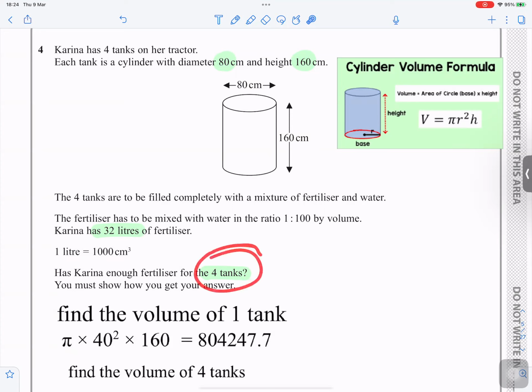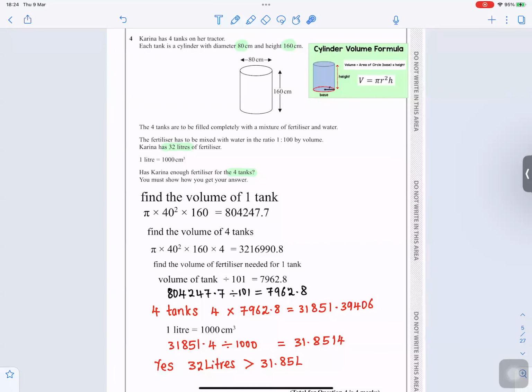We have 4 tanks. We find the volume of 1 tank using that formula. Pi times the radius, which will be 40 because half of 80 is 40, squared, times 160. That gives us the volume for 1 tank.